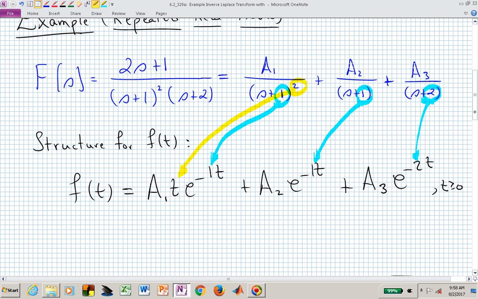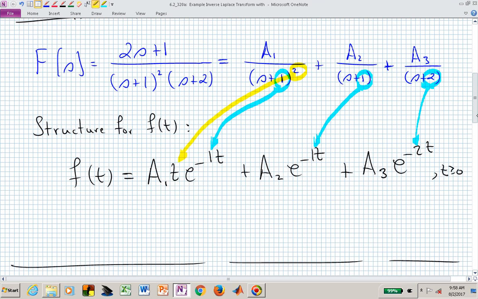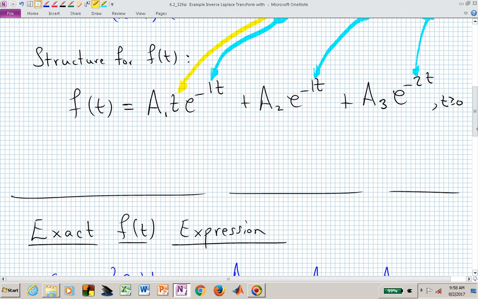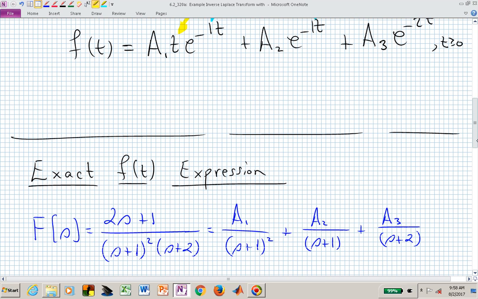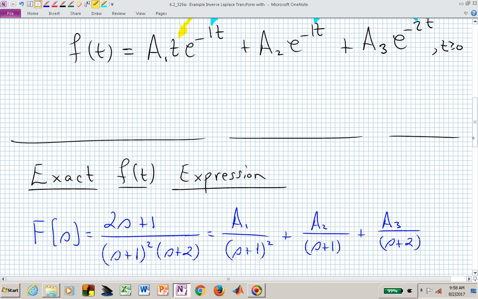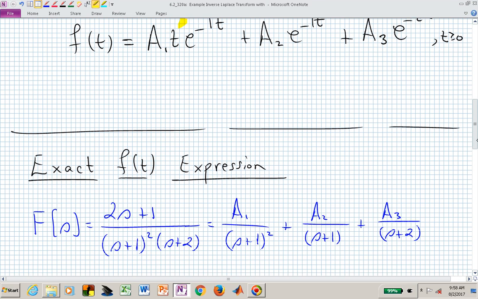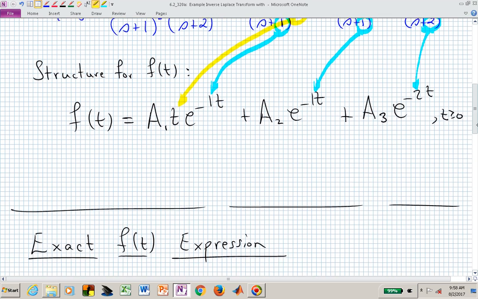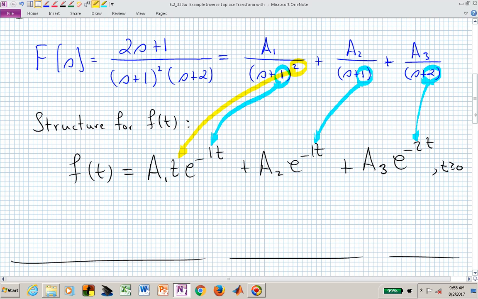Now what we want to do is actually find an exact expression for f of t. We want to actually evaluate or determine these residues a sub 1, a sub 2, a sub 3, so that we can get the exact expression. If I just ask for a structure on an exam, then that's what it would be.